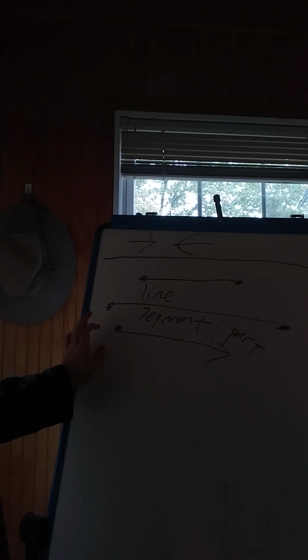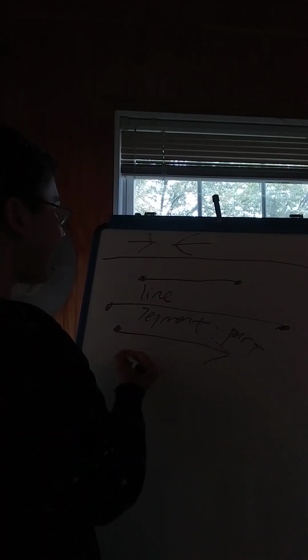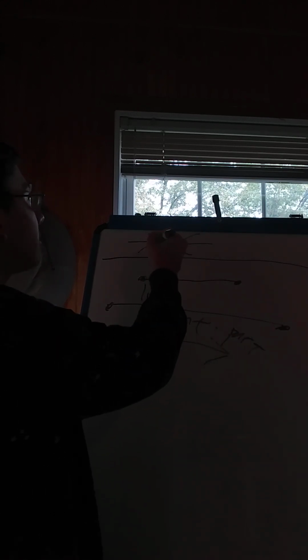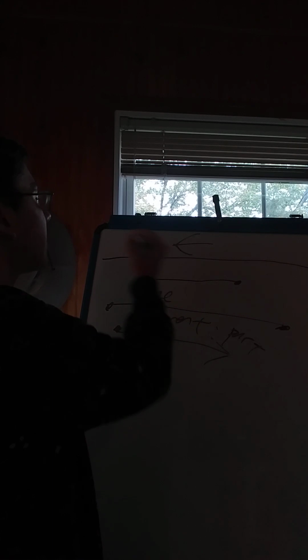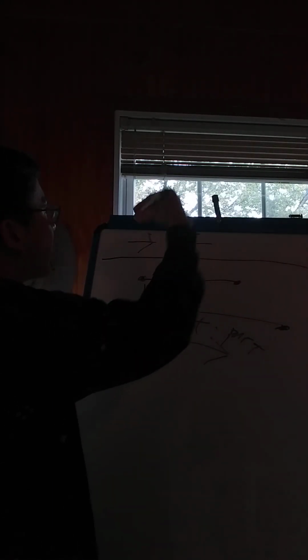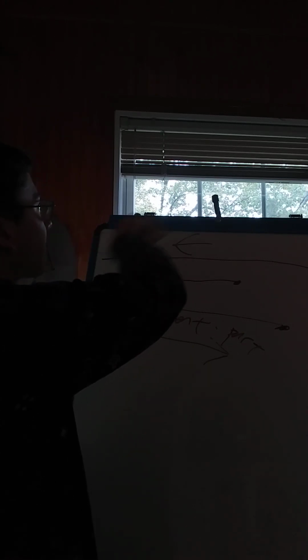Now what about this right here? Well, you have your dot, and then you have an arrow. If you look at the arrow, you have the mouth of it, and then you have the line pointing which direction you're going. If it's this arrow, you're going further to the right. If it's this arrow, you're going further to the left. Or in this case, you're going further east, you're going further west.